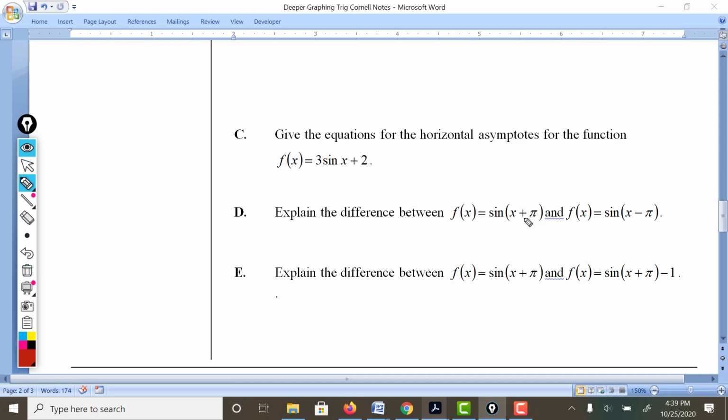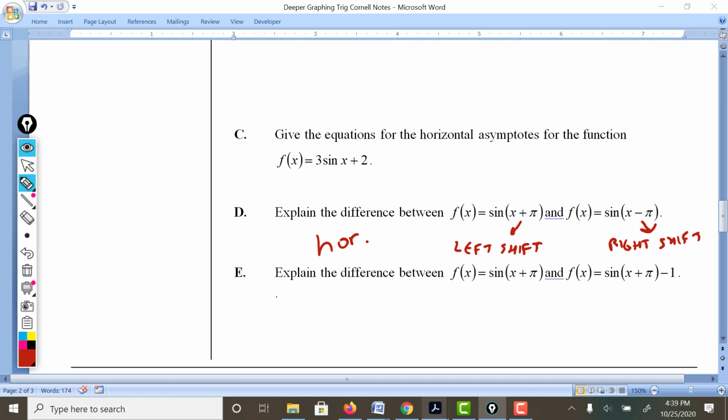So for example, this plus pi means that it would shift to the left, whereas if you have a negative, it would shift to the right. They both have the same amplitudes and the same periods, and they both lack a vertical shift. So this is really a question about horizontal shift.